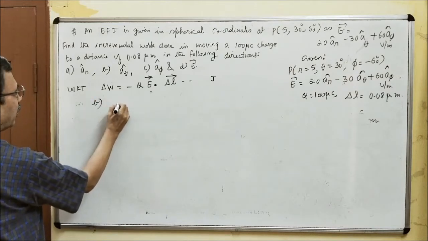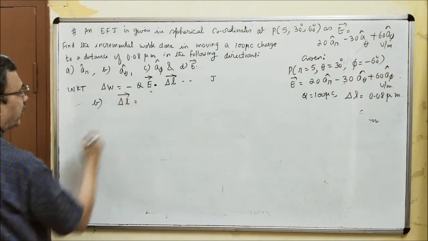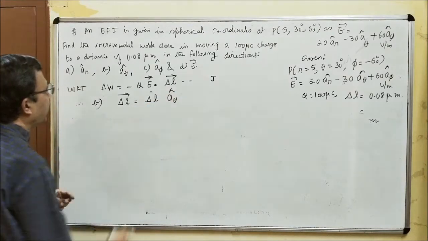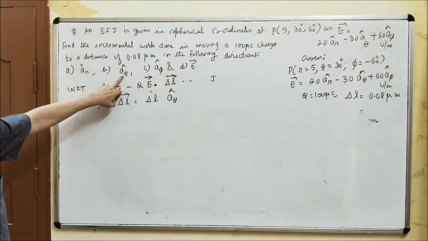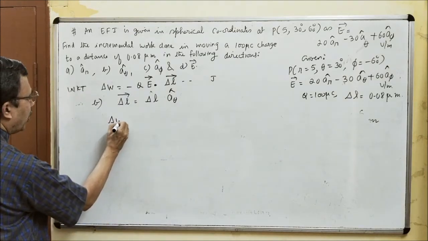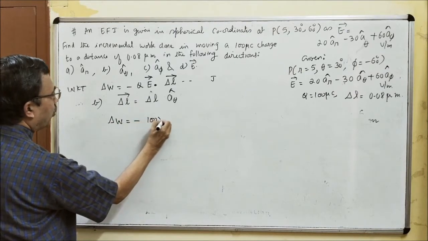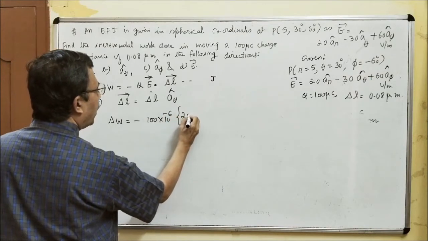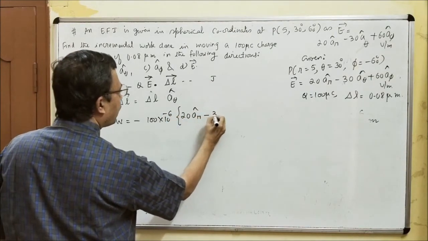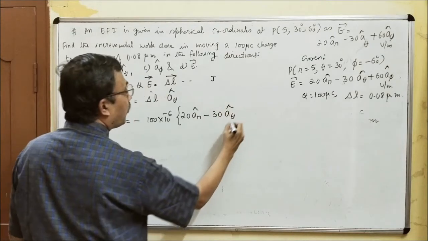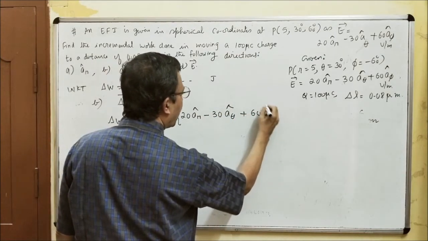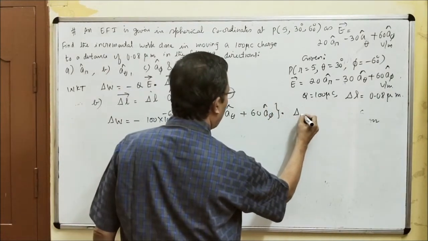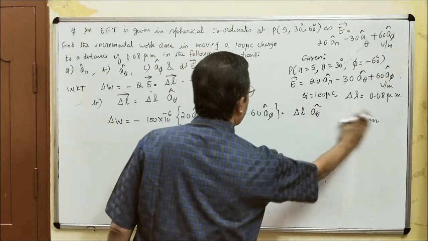For part B, what is the elemental length vector? Vector delta L is equal to delta L into A theta cap. Why A theta cap? Because the direction specified is A theta cap. So what is delta W now? Q is 100 into 10 to the power minus 6. Vector E is 20 AR cap minus 30 A theta cap plus 60 A phi cap, dot delta L into A theta cap.